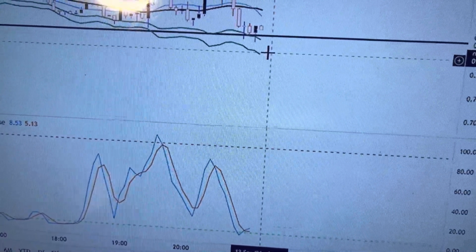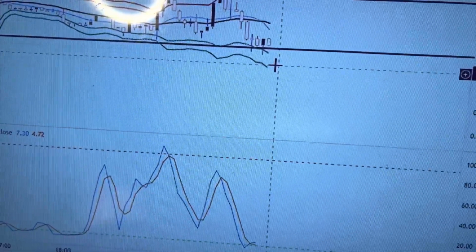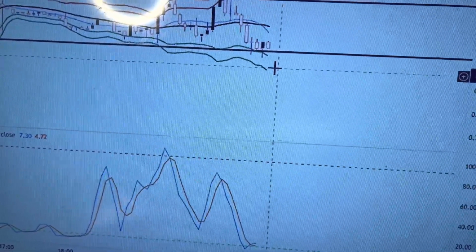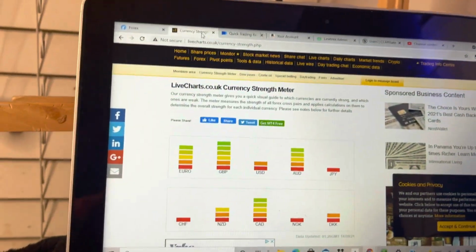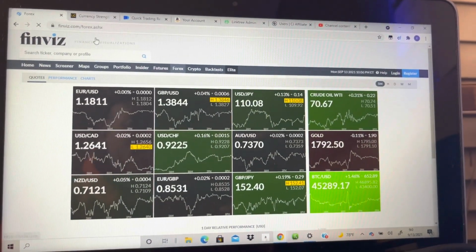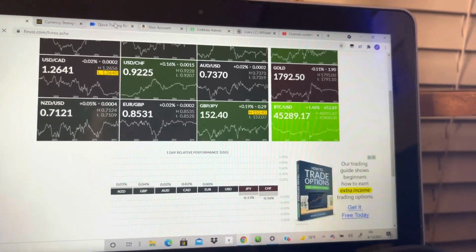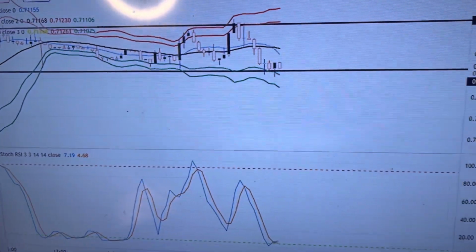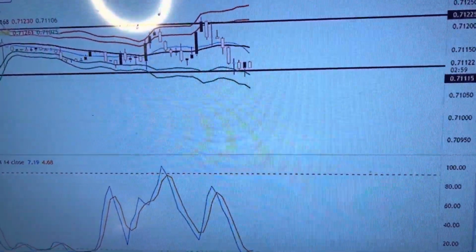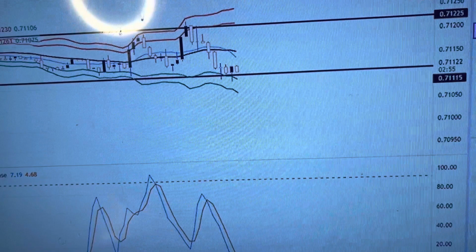So once it touches those 2 and I see that it's showing a little resistance at that area, that is when I enter. And also the currency strength, I'll go by that, by FinViz and also live charts. So I use both of these as confirmations to make sure that I am on the upside of this trade. But both of those trades had the same setup, and now let's look for some more trades.